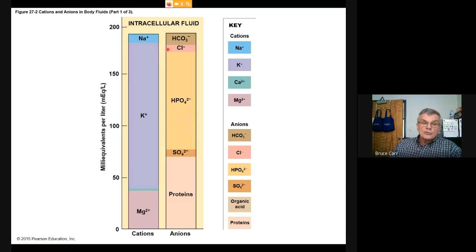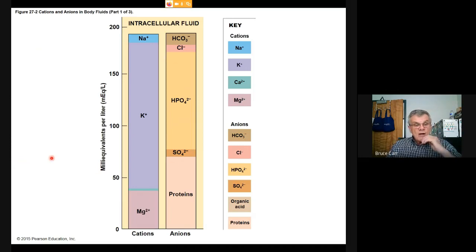Relatively low concentrations of bicarbonate. So we're making it constantly, and then we're transporting it out. Chloride is low, part of the initial observation about chloride, but notice that sulfate is present in almost equal quantity to the chloride and a relatively small concentration.